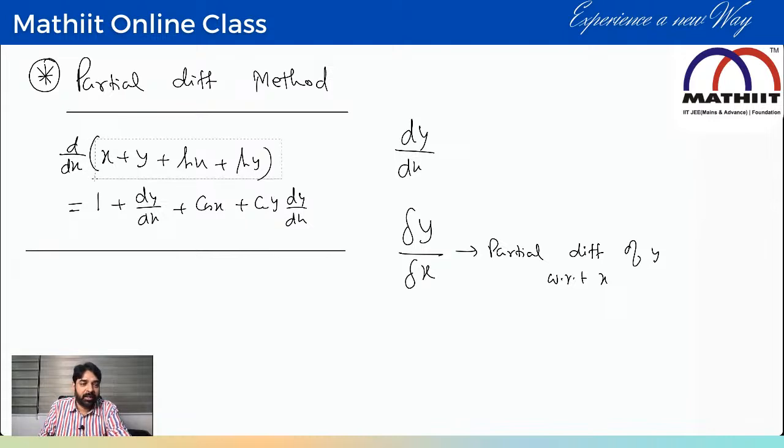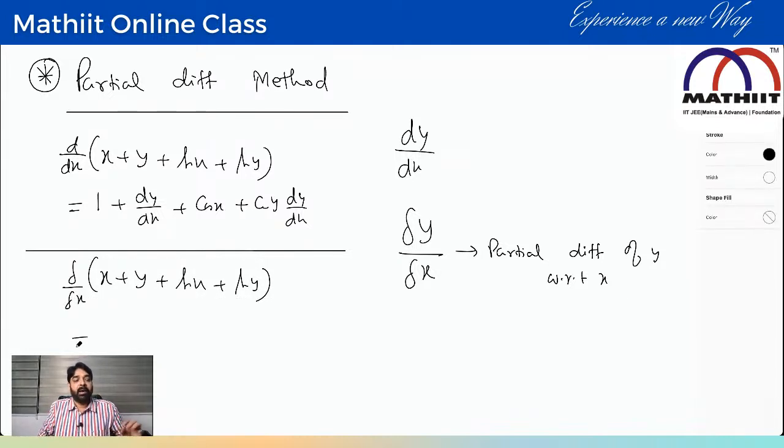Now the same scenario in a different way. Watch it. If I want the same differentiation, but I want to do partial differentiation, del by del x. What is the meaning of partial differentiation? Only and only x will be treated as the variable, and everything else is constant.